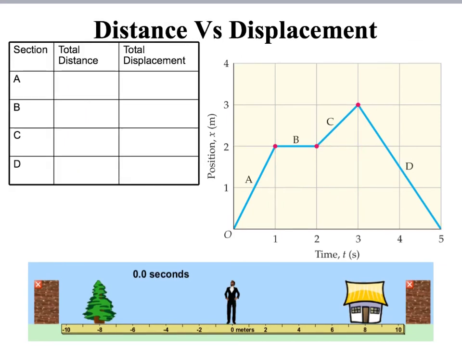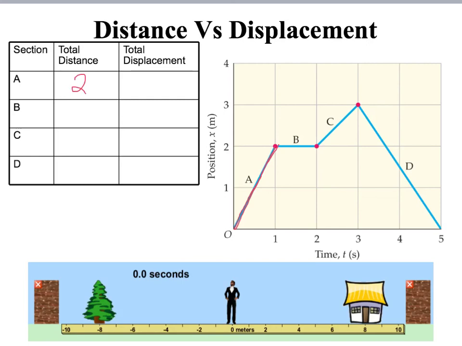The last thing that I want you to be able to do right now is to think about the total distance and the total displacement, and then you can figure out what's going on during any section. So if you look at A, the total distance traveled, here Abe has gone from a position of 0 to a position of 2. So that means his distance traveled is 2.